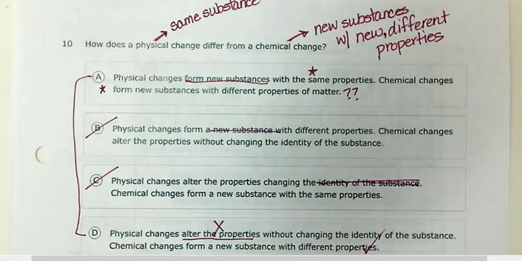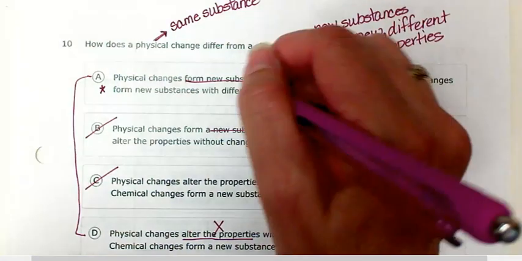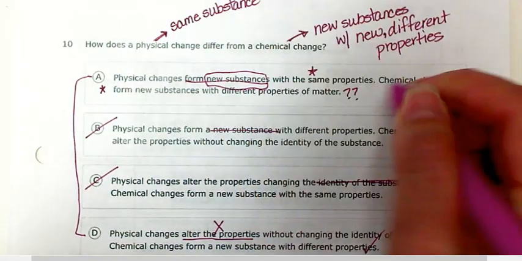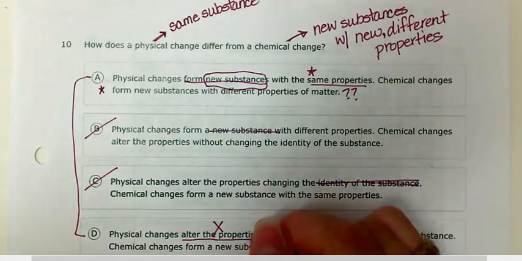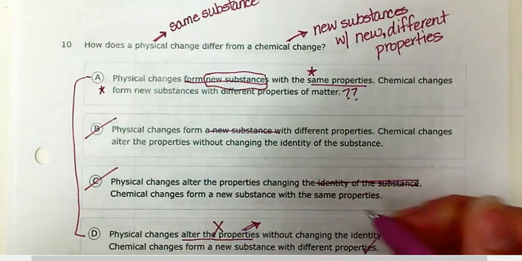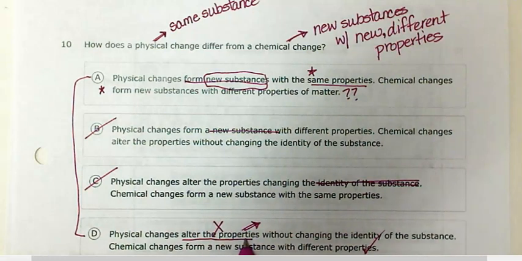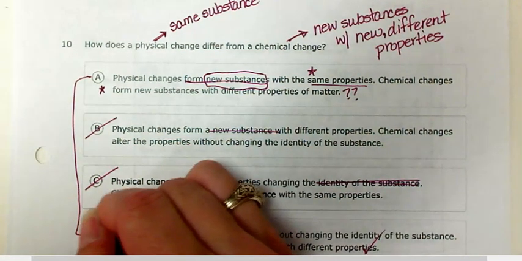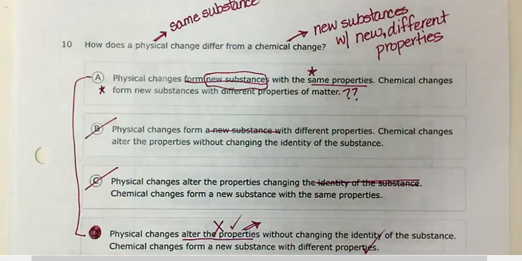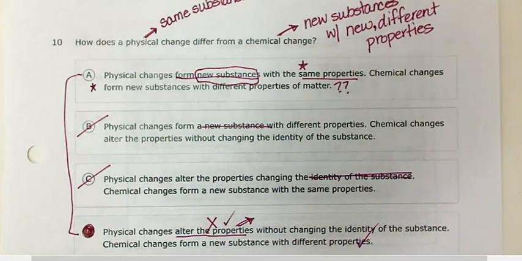Physical changes form new substances with the same properties. I don't like new substances having the same property. That's a little bit sketchy. Physical changes alter the properties without changing the identity of the substance. Like, I don't know. Are they talking about, well, like water's density can change if it goes from liquid to gas. So I guess in the end, D is probably the best. But again, I don't love this question.